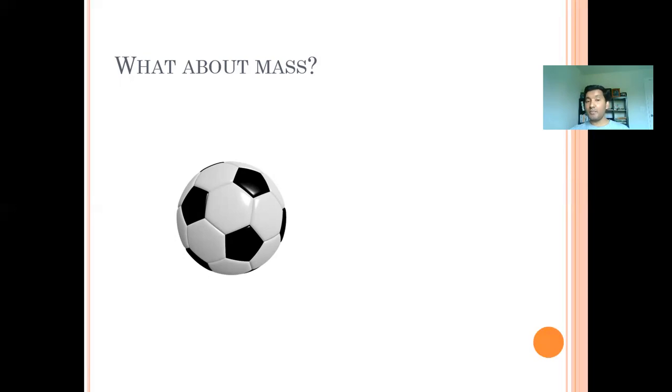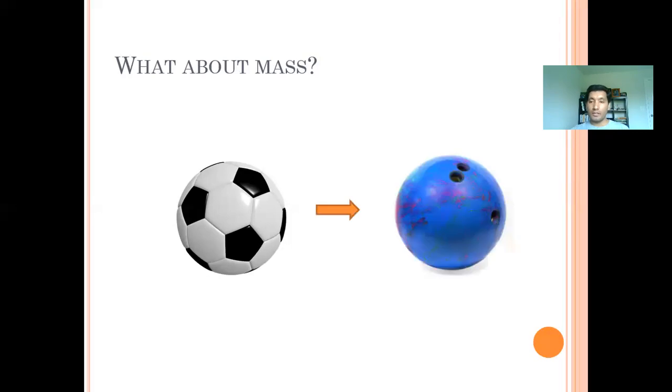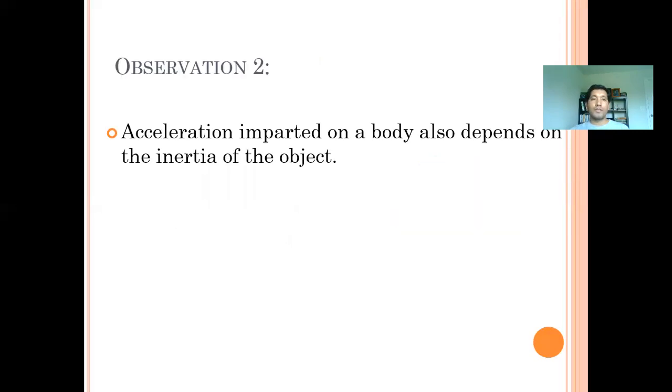Now suppose this ball has 100 gram mass, you kick it, and there is another ball having 200 gram mass, and you kick it with the same force. What will happen? Which one will have more acceleration? That is the question. Okay, look at here.